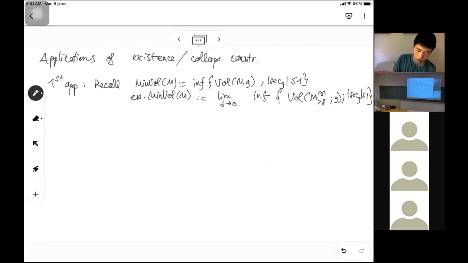And then you take the limit as delta goes to 0. That gives you a number that is upper bounded by the minimal volume.